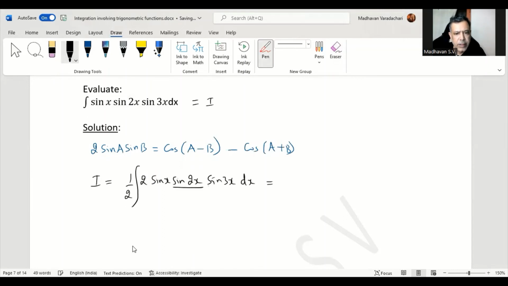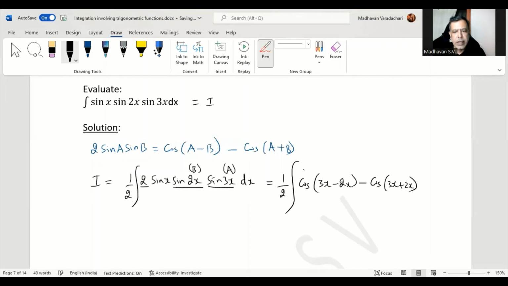I will consider 2 sine 2x sine 3x, taking 3x as A and 2x as B. So A minus B becomes 3x minus 2x, minus cos of A plus B, so 3x plus 2x.